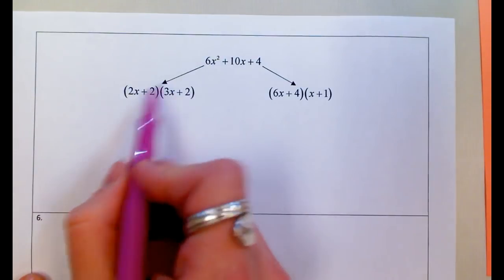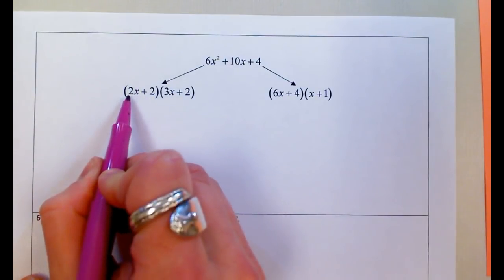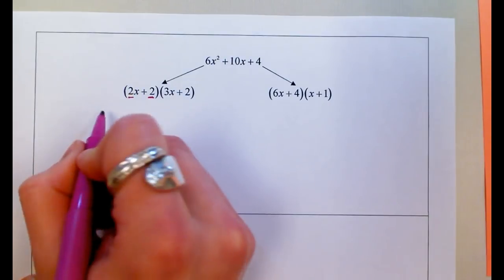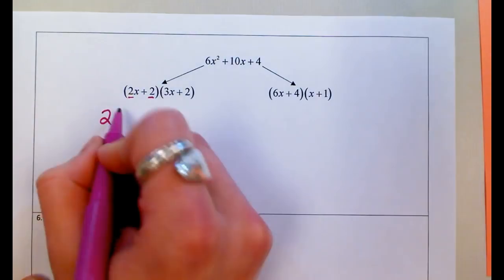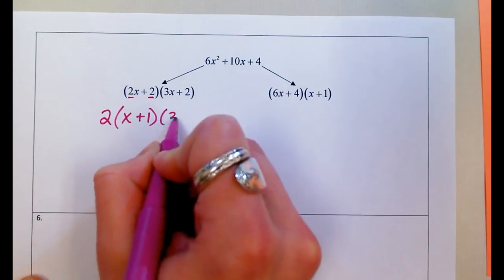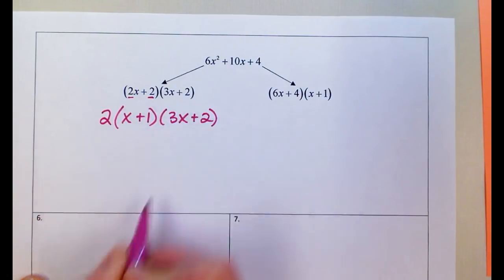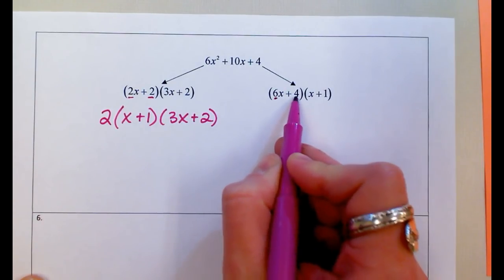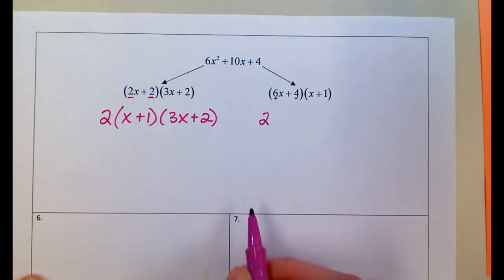So in case we forget to factor the GCF, we always have to check our binomials to see if they have something else to factor. In this case, we can factor out a 2, leaving this one as x plus 1 times 3x plus 2. Noticing this one as well, 6 and 4 have a GCF of 2.